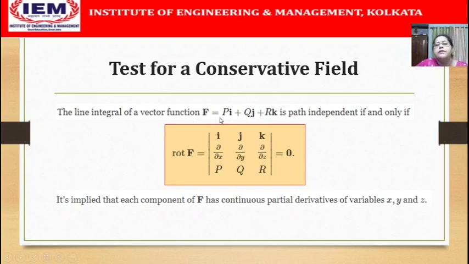So this is our condition for a conservative field: the curl F should be equal to a null vector.